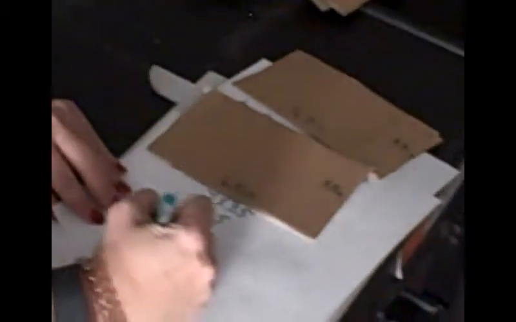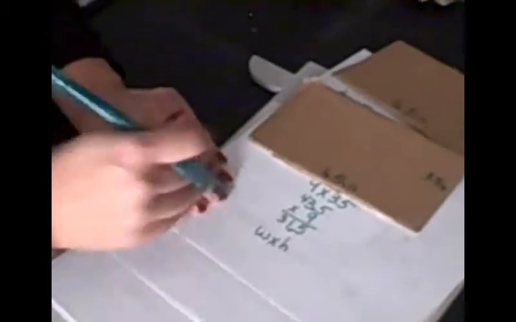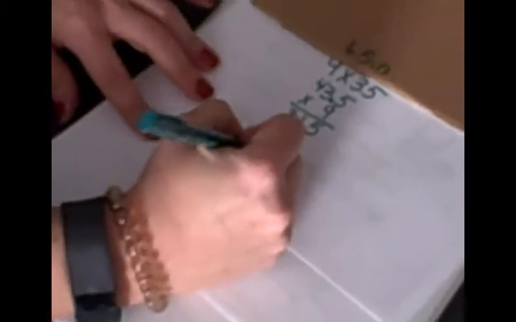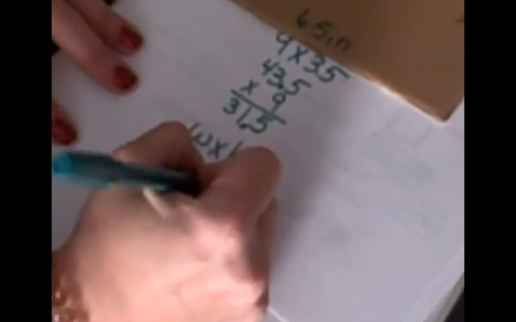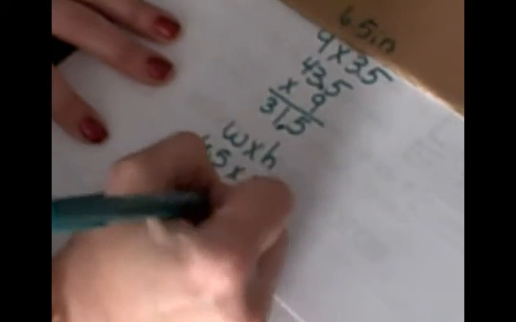We're going to solve to find the area for the sides. We are going to multiply width times height, which our width we know is 6.5 inches, times the height, which is 3.5 inches. We're going to set that up and do our multiplication.